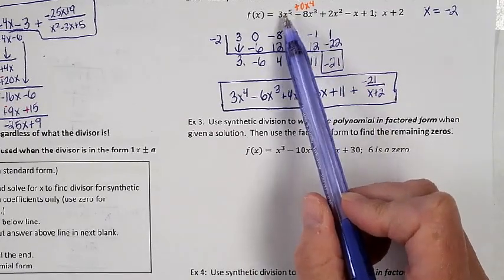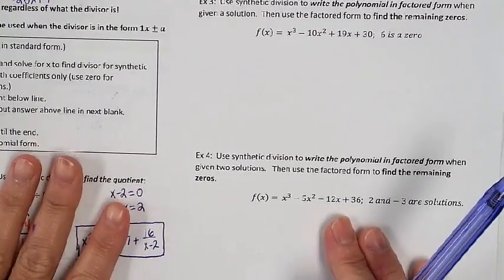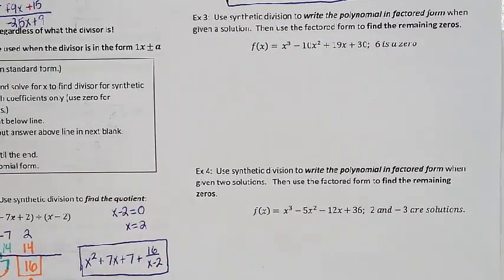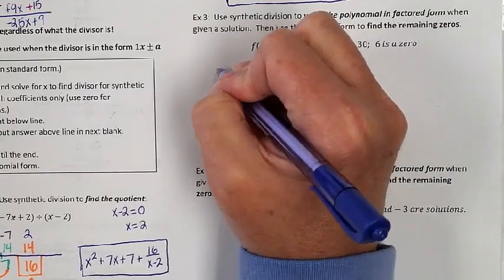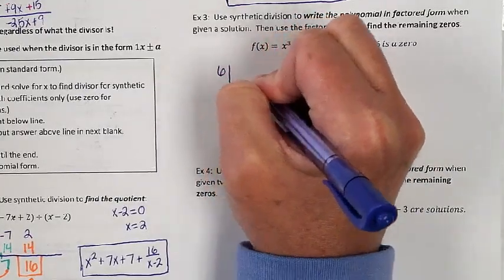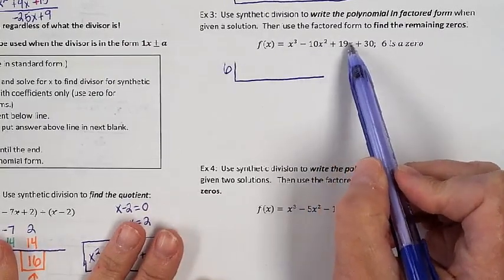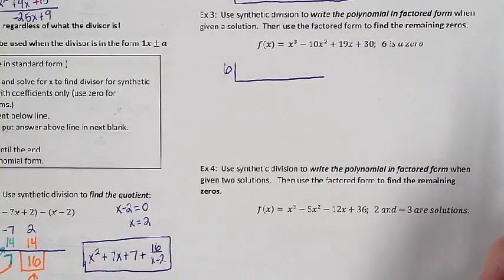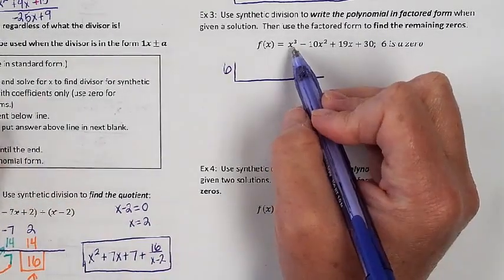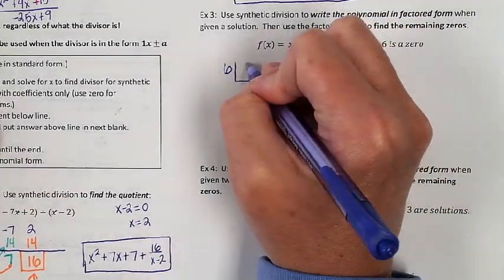Alright, so 6 is a zero, so 6 is what's going to go on the outside. So 3, 2, 1 for my exponents, so we don't have to fill in any missing terms. So the coefficients are 1, negative 10, 19, and 30.